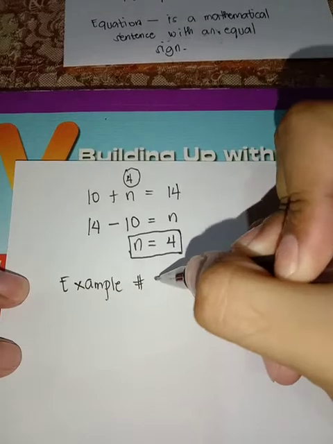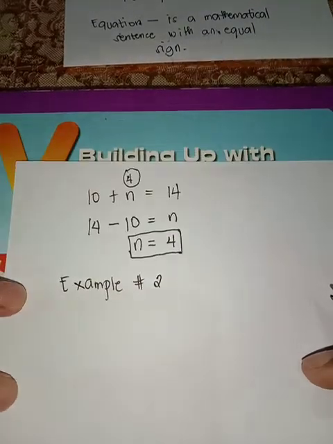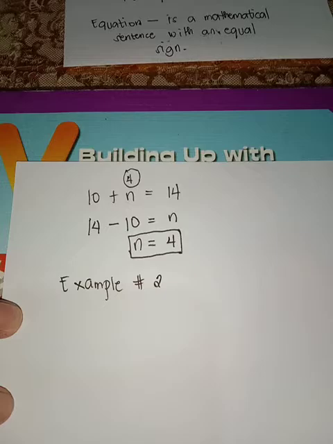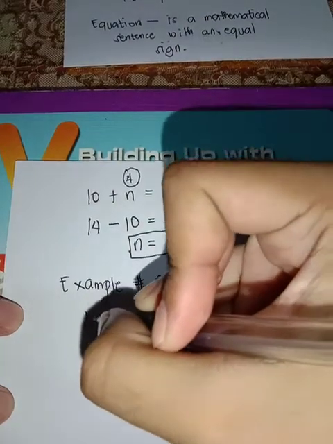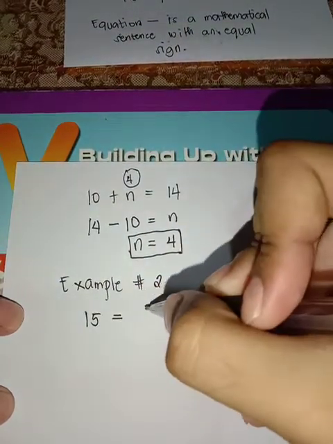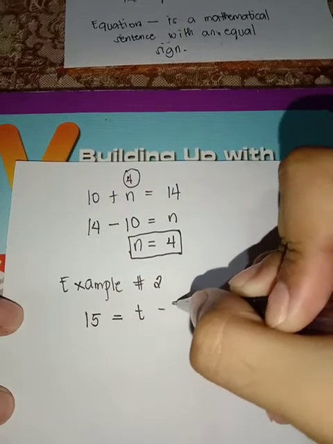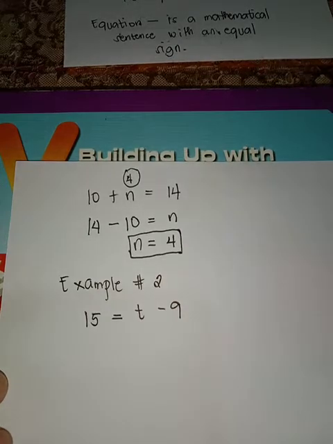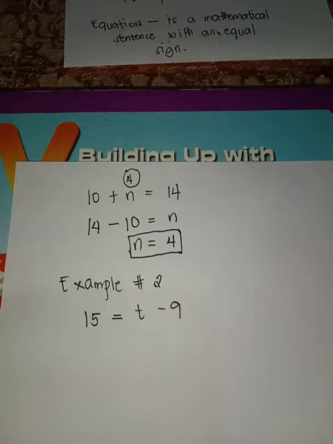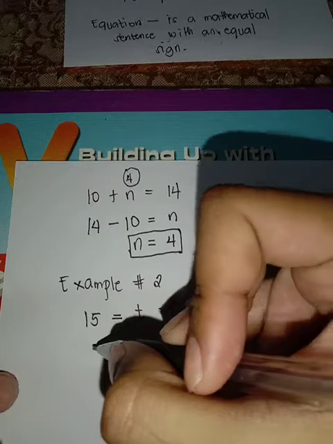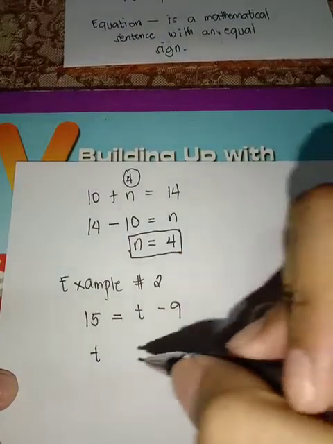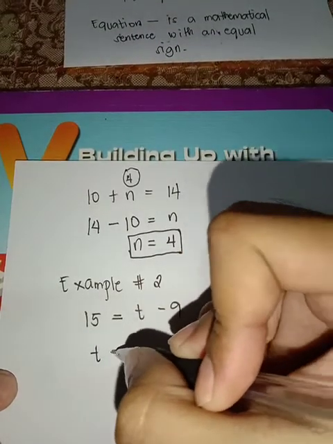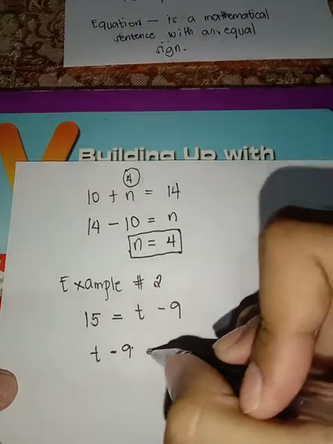What if meron naman tayong equation na 15 is equals to t minus 9. The missing number is represented by letter t. So we can rewrite this in subtraction form wherein t minus 9 is equals to 15.